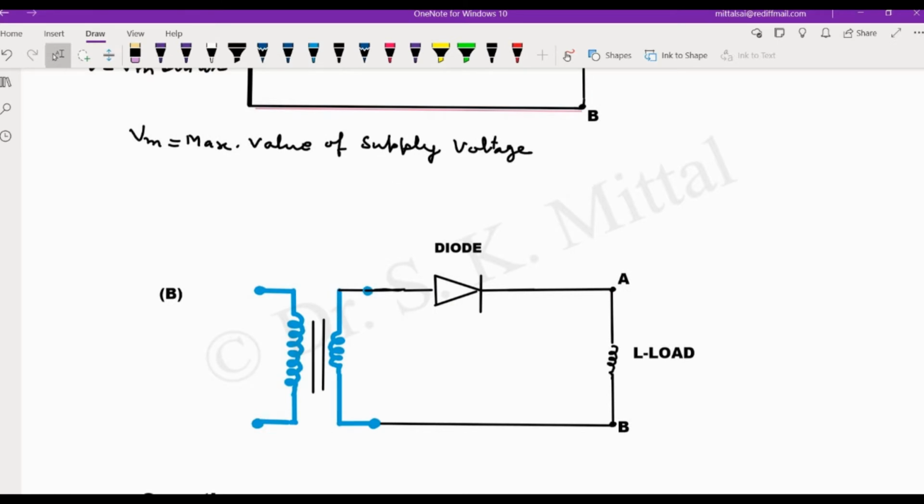This is another type of half-wave rectifier where a step-down transformer is used.